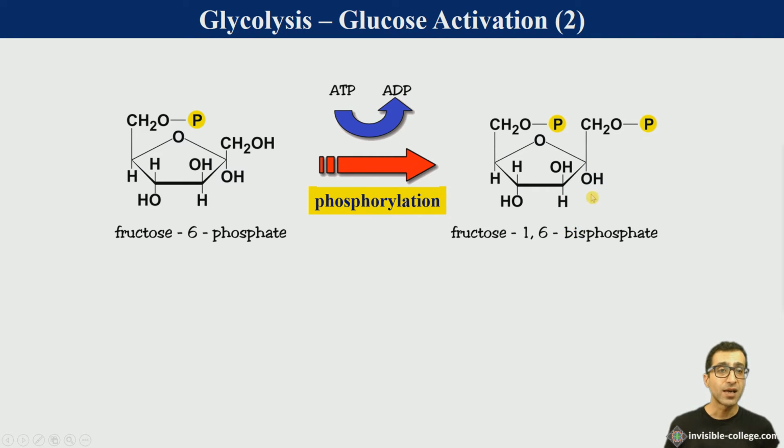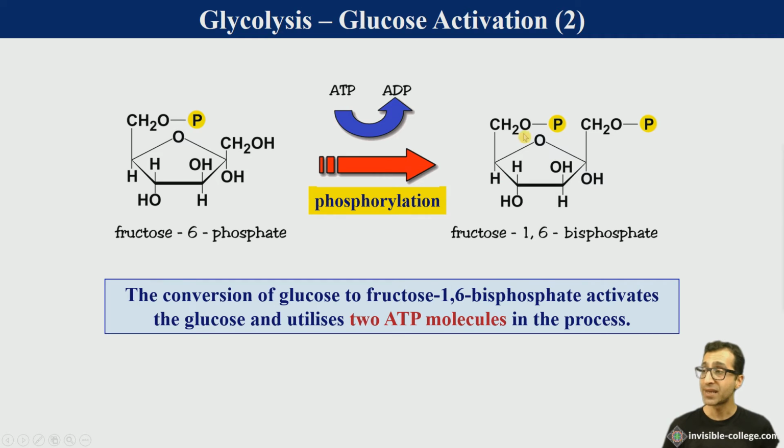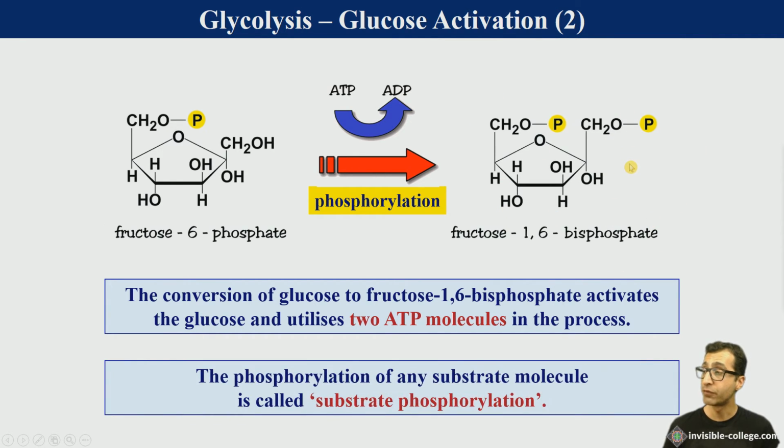So this activates the molecule. Again, we are going from successively lower energy stable molecules to more and more unstable high energy activated molecules. And now this molecule is sufficiently activated to break down to form two more stable molecules, which we'll see shortly.